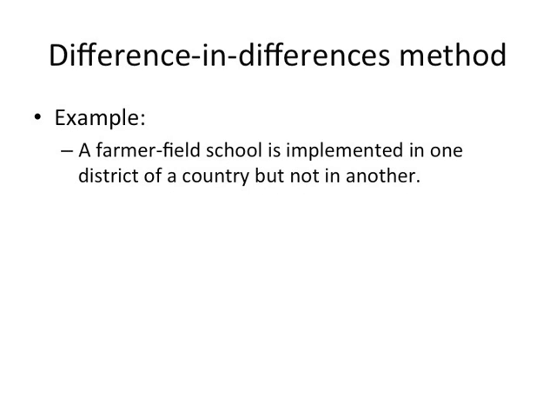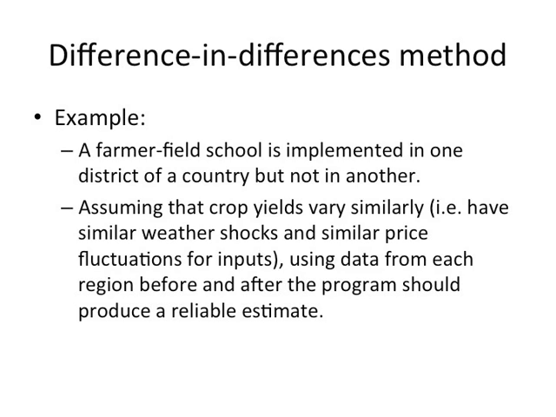Let's go over another example. Farmer field schools may be implemented in one county, but not a nearby one. Assuming that weather is similar in each county, as are changes in prices, then using data from each region before and after the program should produce a reliable estimate of the true effects of that program.